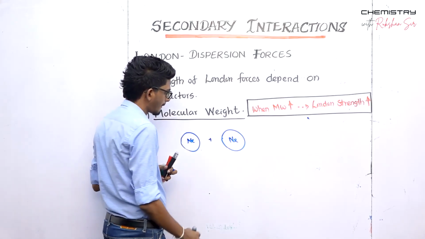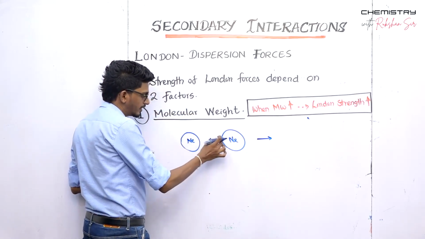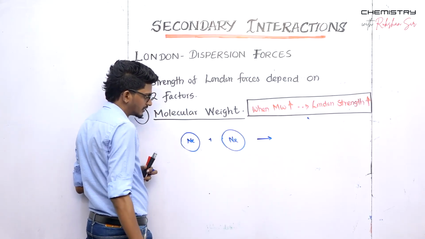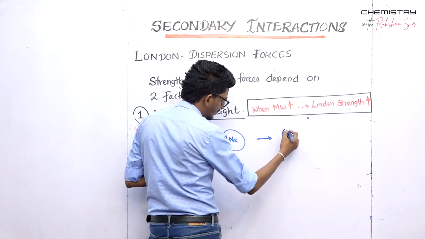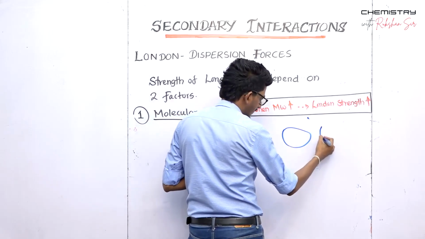As their nucleus is close to the outermost shell, they will polarize very little.